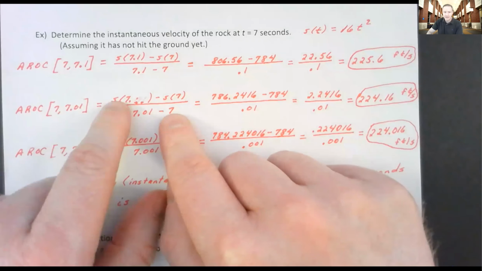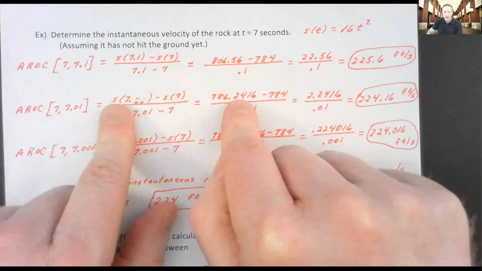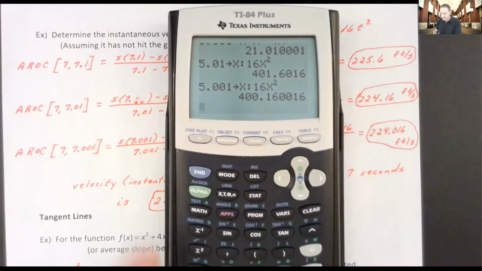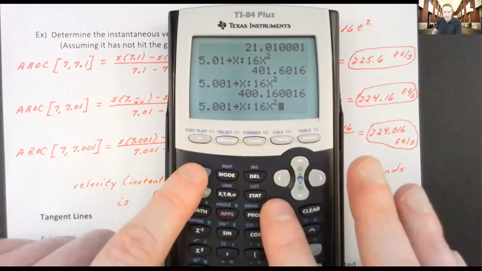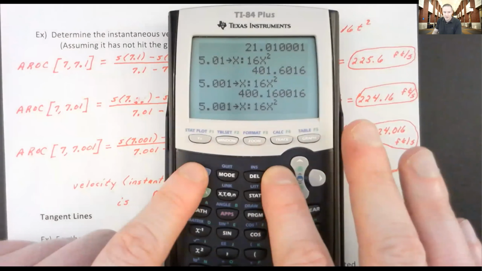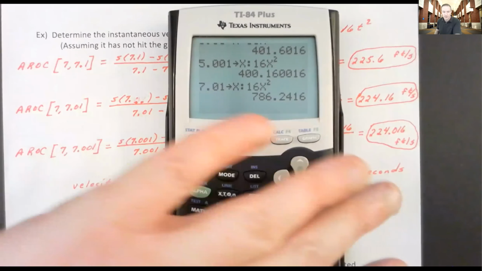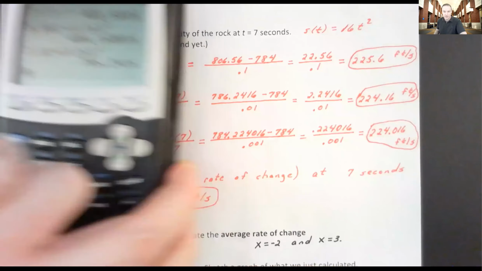When I put in S of 7.01, I got 786.2416. And again, remember, super easy to do that. All you had to do is bring that up. If I wanted to change the 5.001 to 7.01, no problem. I'll delete off that one. Boom. There's your number, 786.2416.